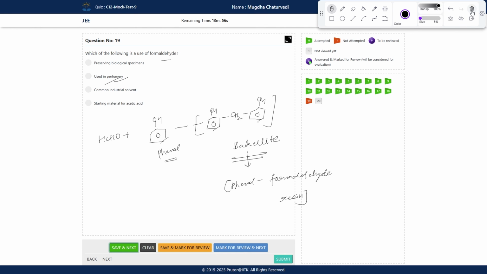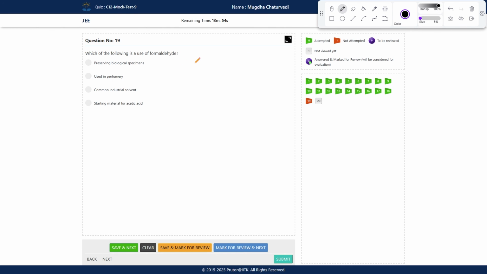Now let's see the next question. Which of the following is a use of formaldehyde? Right now I told you formaldehyde is used for preserving biological specimens. It is used as formalin, which is a 40% solution, to preserve biological specimens.